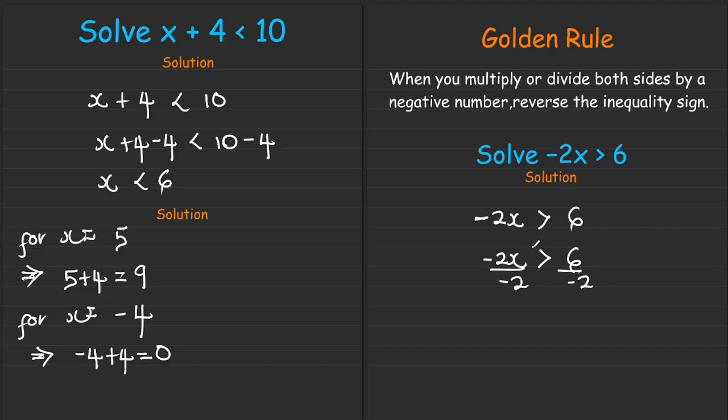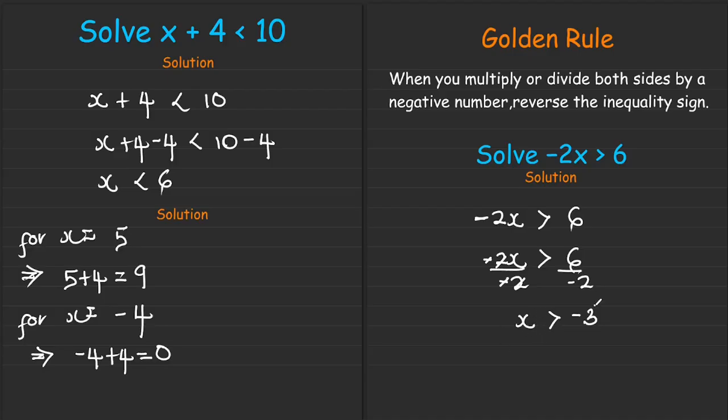negative 2, then it simply means this negative 2 cancels out this negative 2. And we have x being greater than 6 over negative 2, which gives us negative 3. But will this actually work?